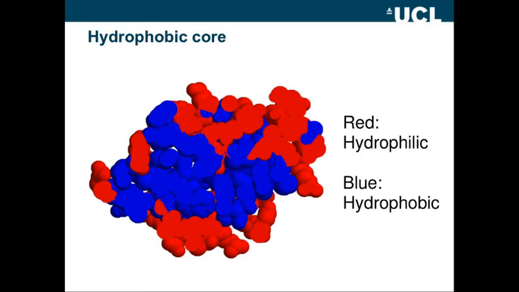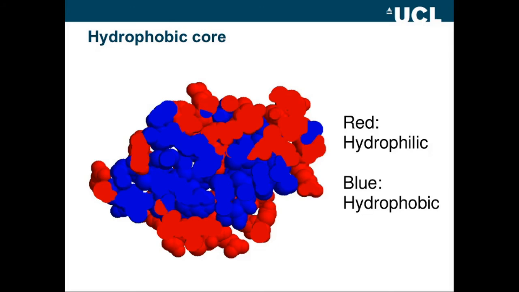So what I've done here is to take a typical protein and I've coloured all the hydrophilic amino acids in red, all the hydrophobic amino acids in blue, and then I've taken a slice through the middle, like cutting an apple in half.